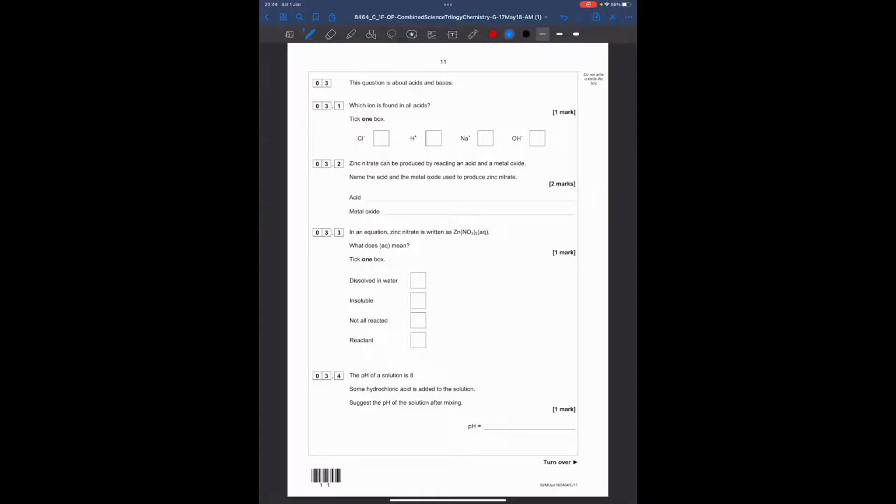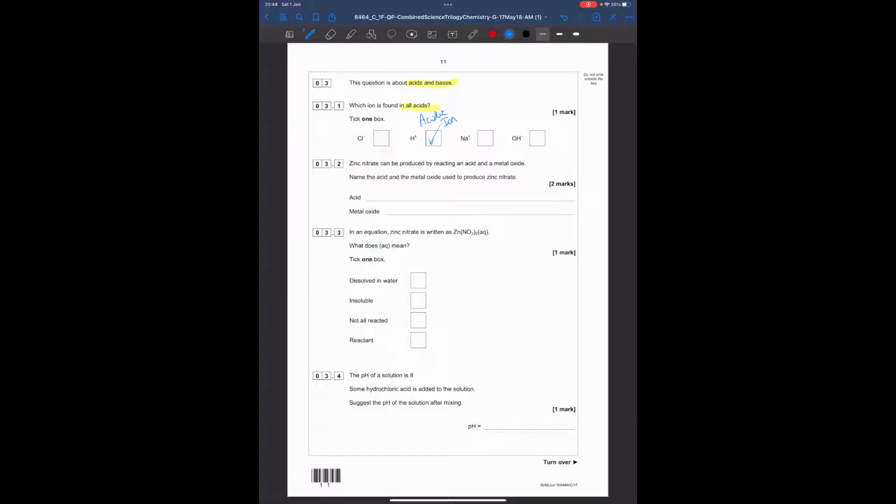Okay, so we'll now move on and have a look at question 3. This question is about acids and bases. Question 3.1, which ion is found in all acids? Well, that is H+. H+ is the acidic ion.